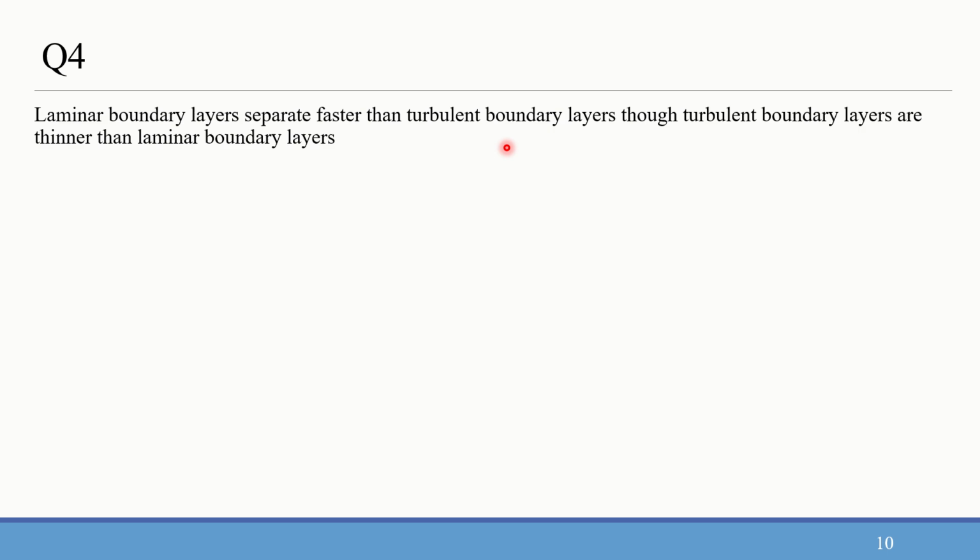Now moving on to question 4. Laminar boundary layers separate faster than turbulent boundary layers, though turbulent boundary layers are thinner than laminar boundary layers. Again it is a true or false question.